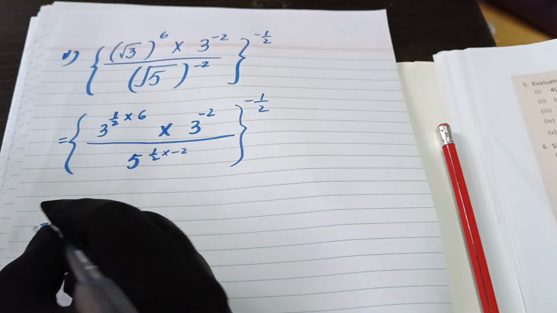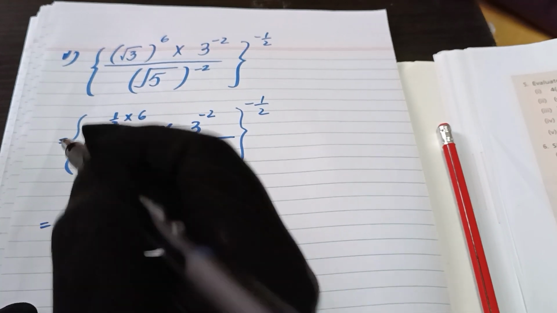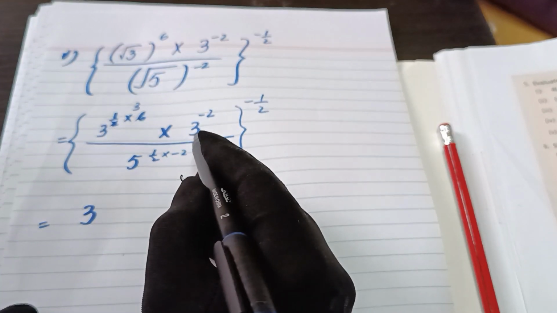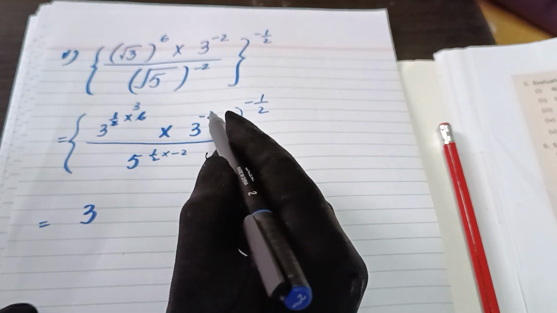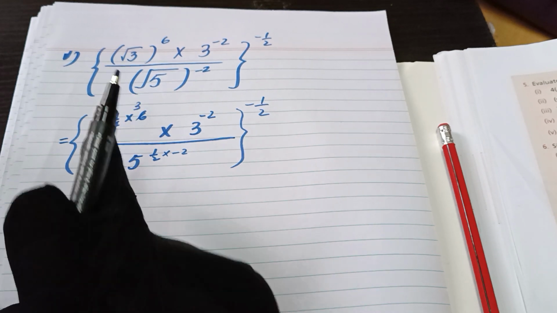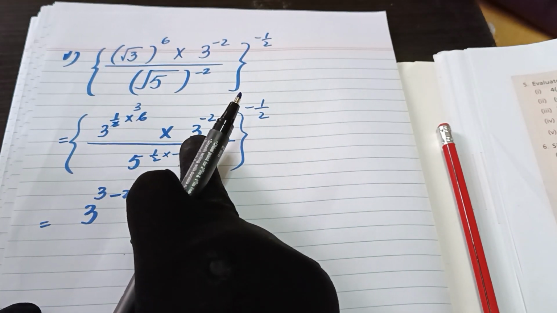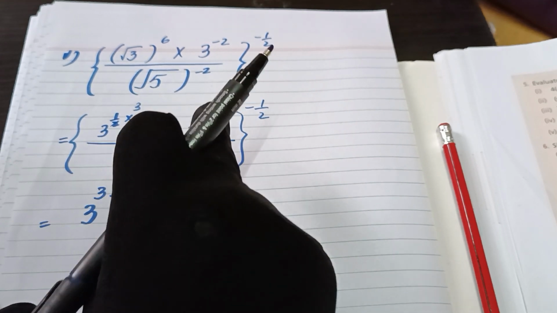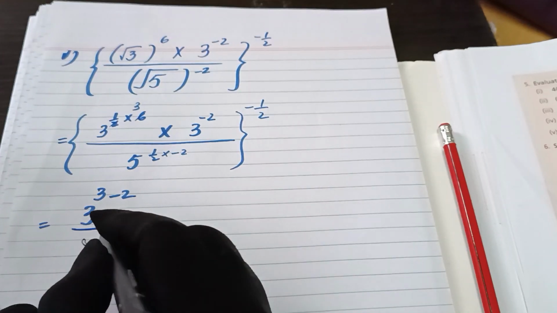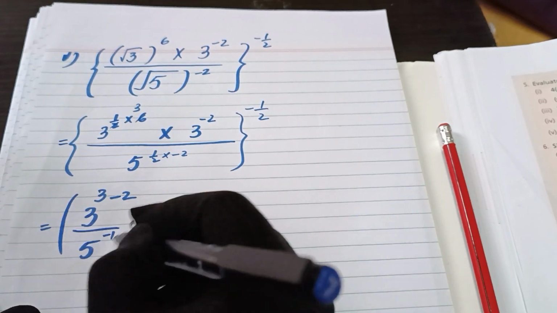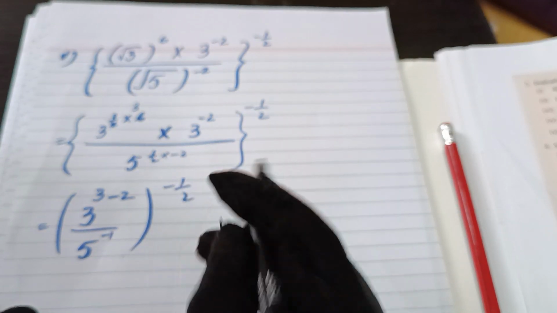After this, 3's power becomes 3. This 3 is the same base, so its power 3 and minus 2 are to be collected, because when the same base numbers are multiplied, their powers are added together. When we add 3 and minus 2, we write 5 to the power minus 1, whole power minus 1 by 2.